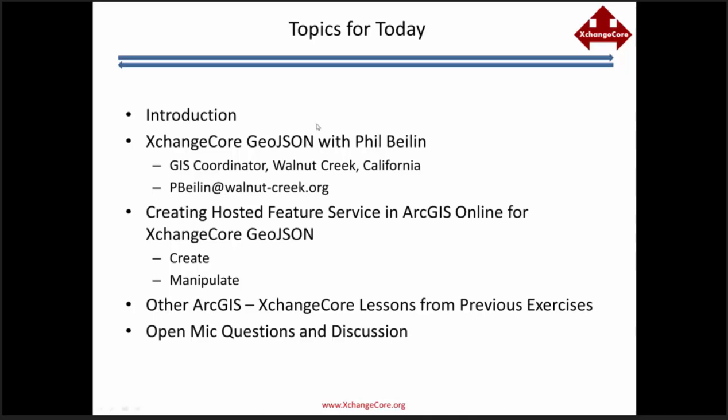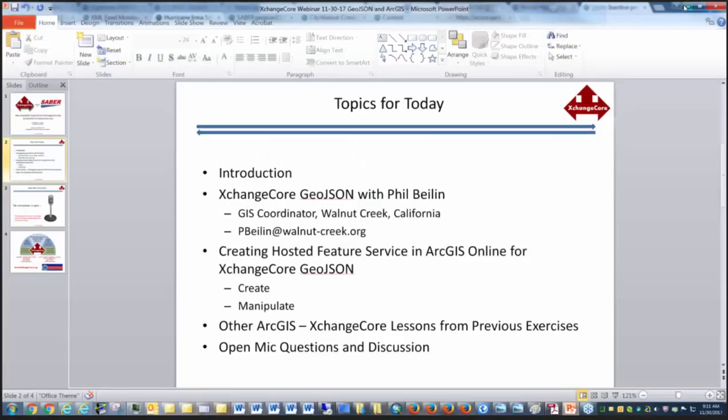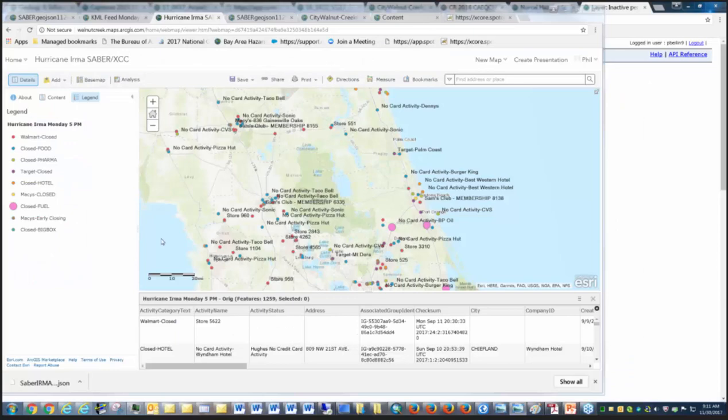So involved in that is, okay, we get it in this format, in this color, maybe it's symbolized. Can we change it to make it a standard format that our decision makers want to see? And I'll come back to that in a little bit. So let me go in and explain that the GeoJSON file coming out of XchangeCore and discovered through Spot On Response, when you process it, you want to be able to do things like you see here in this ArcGIS Online map that I've made.